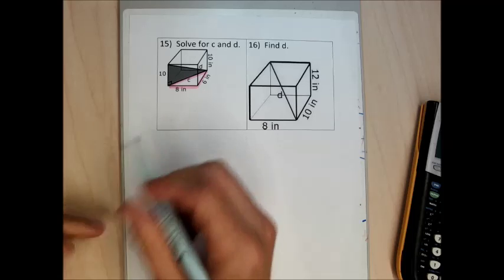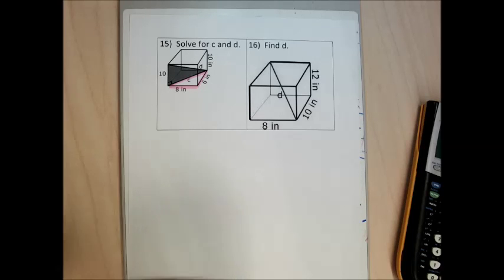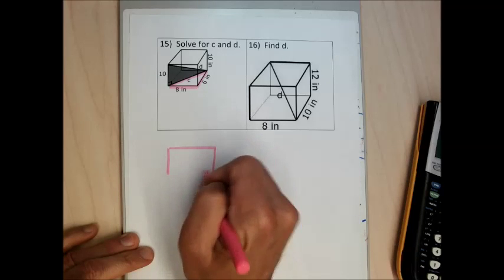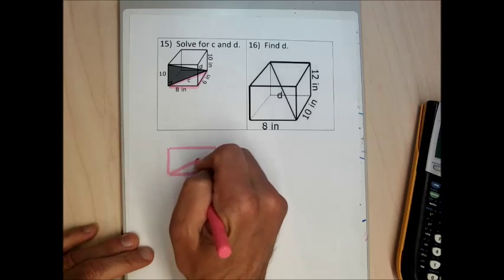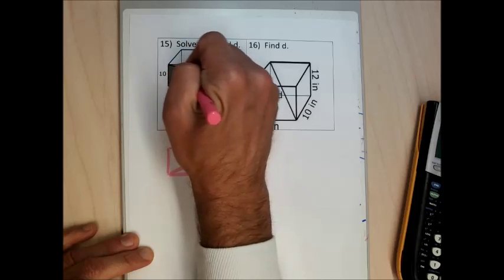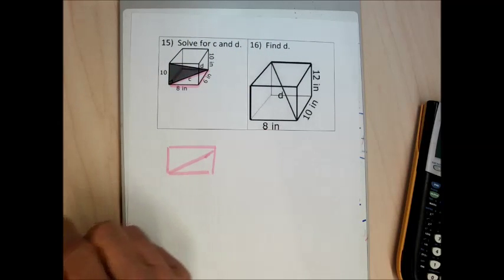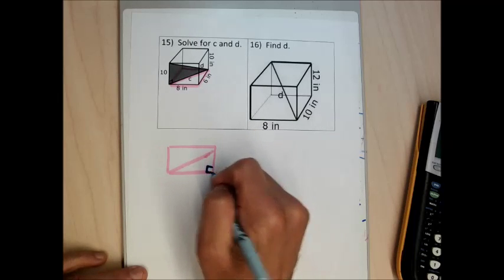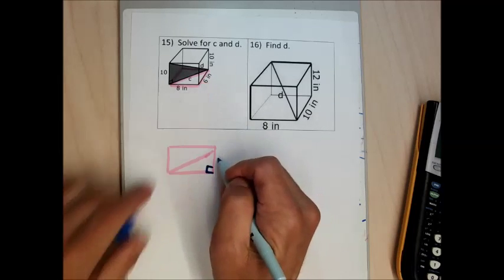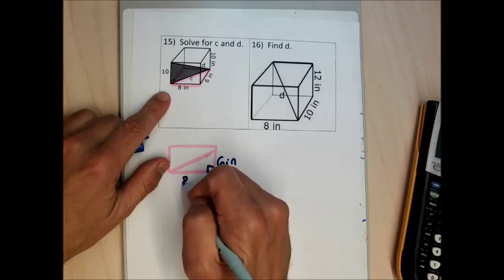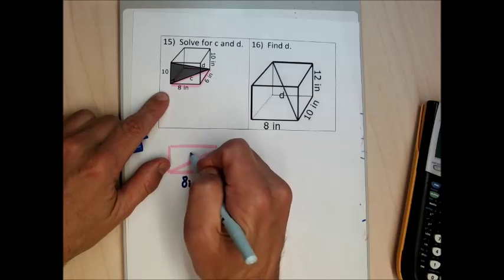If I took that base that I just drew in pink and transferred it down here, this is supposed to be the bottom of this. It's a rectangle, and that angle between the 6 and the 8 is supposed to be the right angle. The sides from the bottom are 6 inches, 8 inches, and C.